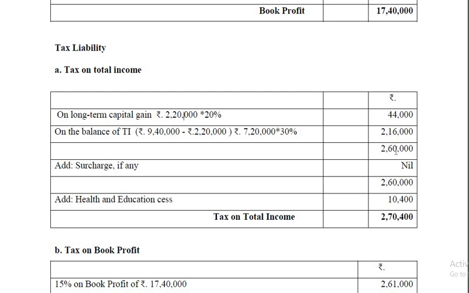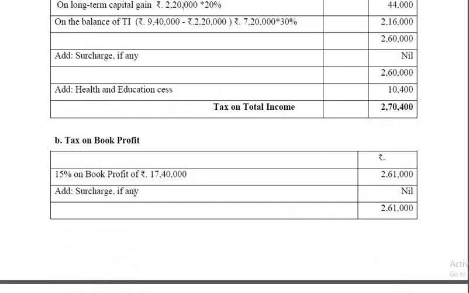Total taxes 2,60,000. Surcharge is not applicable because the total income does not exceed 1 crore. Then on that you have to add health and education cess at the rate of 4%. That comes to 10,400. So tax on total income is 2,70,400. And tax on book profit you have to calculate.